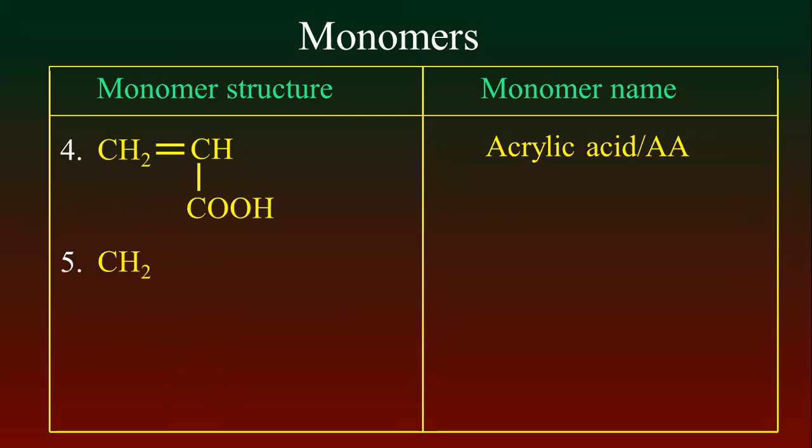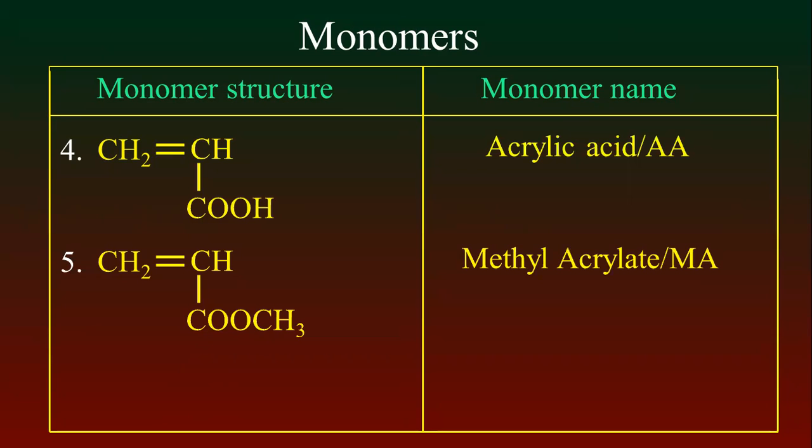And if another hydrogen atom in ethylene is replaced by a methyl group containing the carboxylic acid group, then the name will be methyl acrylate. Here methyl is for the CH3 group, and the last unit ate is for salt type compounds.